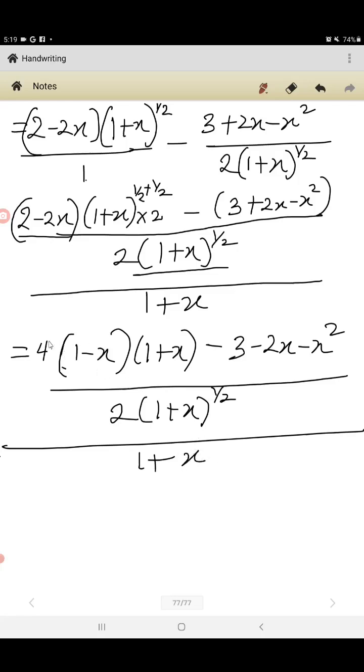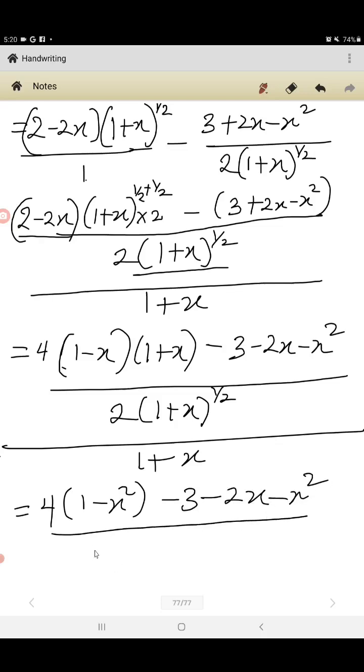Now, let's try to expand this. Recall that if you are to expand this on its own, it will just give you 4 onto 1 minus s squared straight. Minus 3 minus 2x minus s squared over 2 onto 1 plus x raised to power half times 1 over 1 plus x.